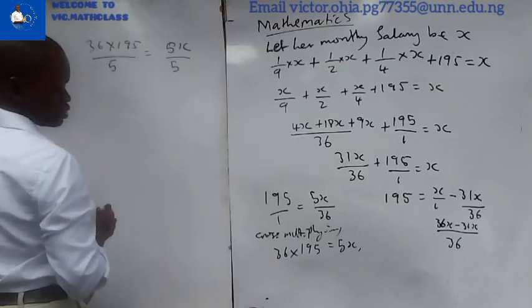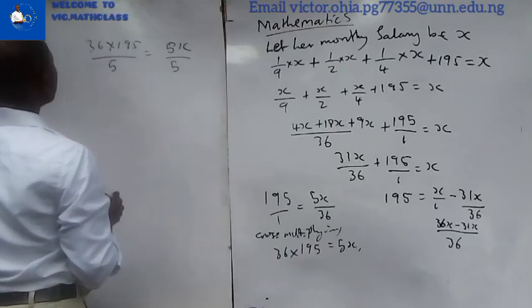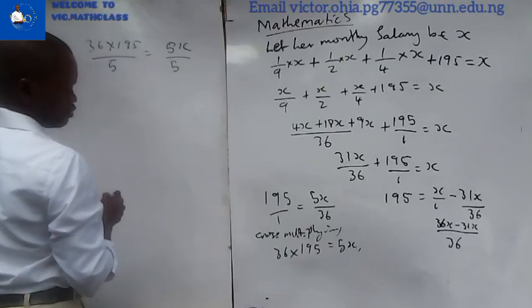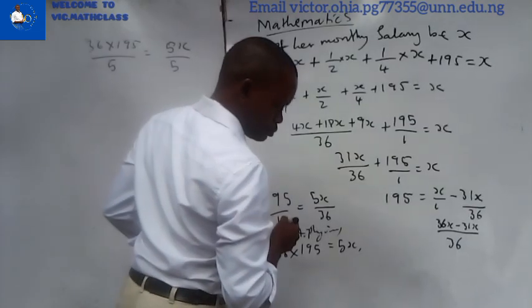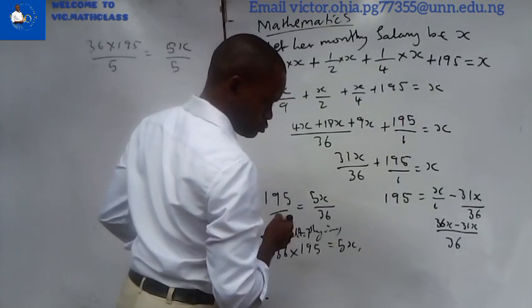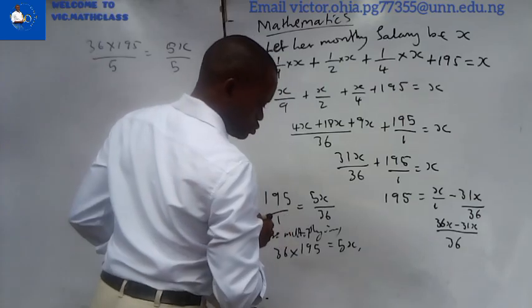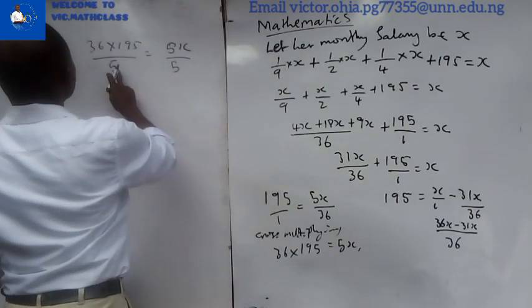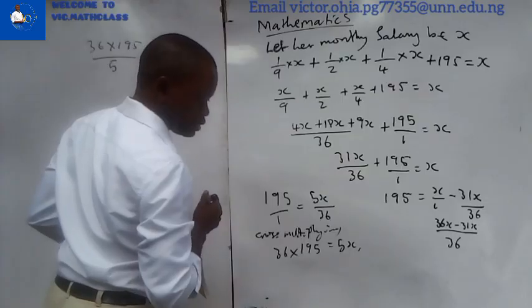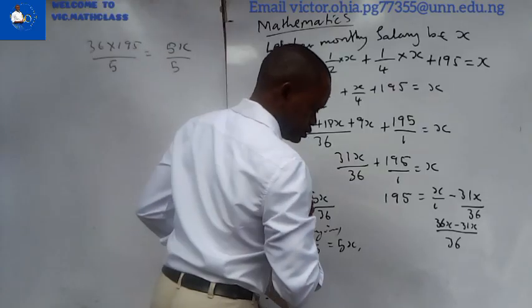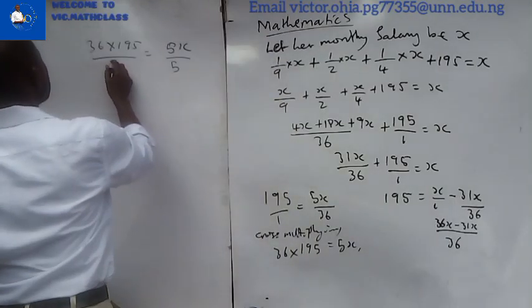So this can cancel this. 5 into 195 is 39. 5 cancels itself here.